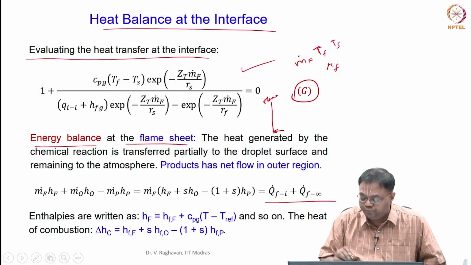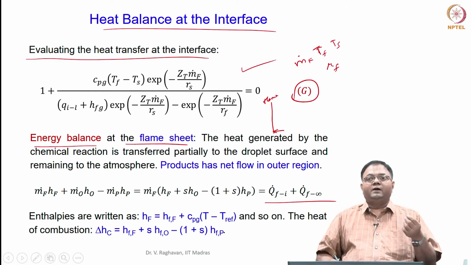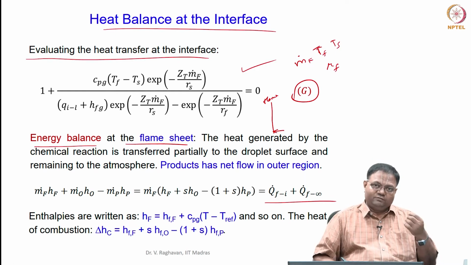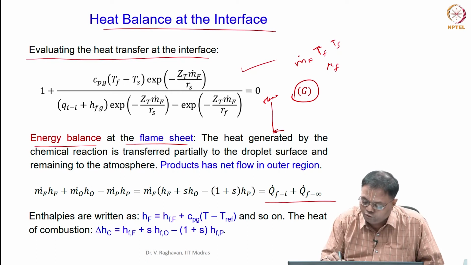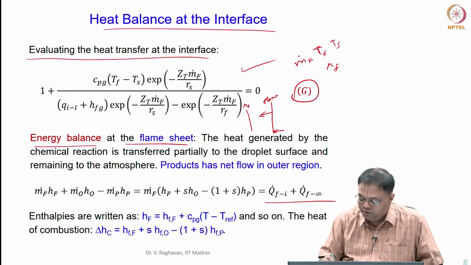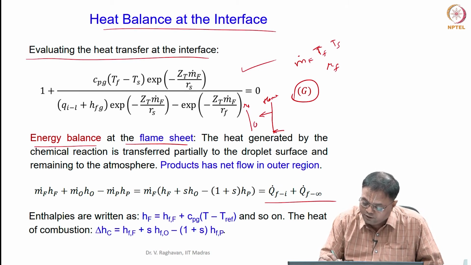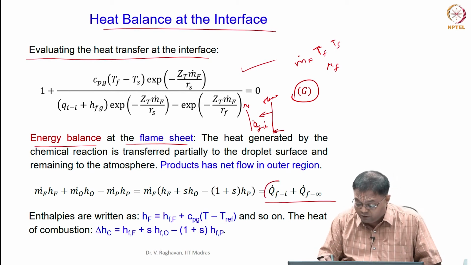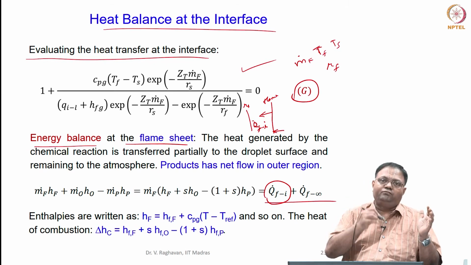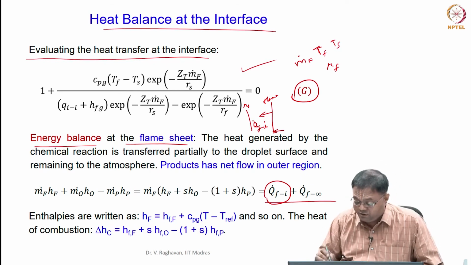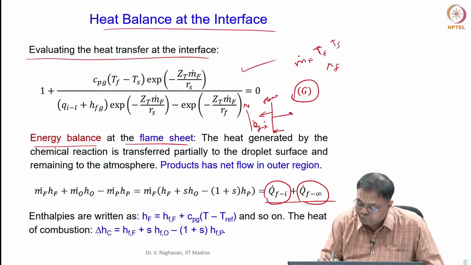This is the flame, this is the surface, this is r_s. Partially it will go towards the interface, this is Q dot flame to interface, to supply the heat for the droplet, and partially it will go away. This is Q flame to ambient.